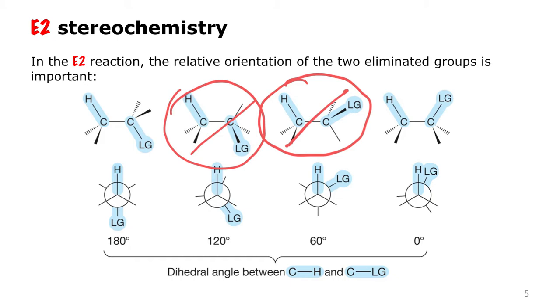It's only when we have alignment that these occur. And the most important is this anti arrangement. That's by far what we find happens most commonly. Less important is the eclipsed conformation, but we do find examples of that in the literature because of the way the molecule is constrained in its conformations.